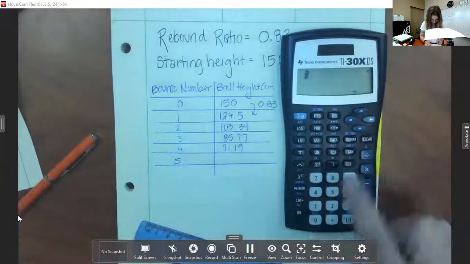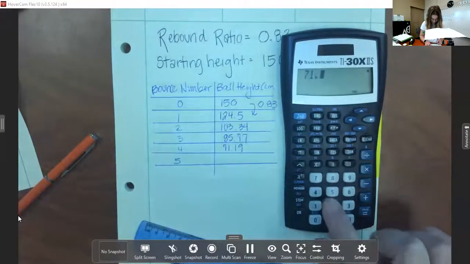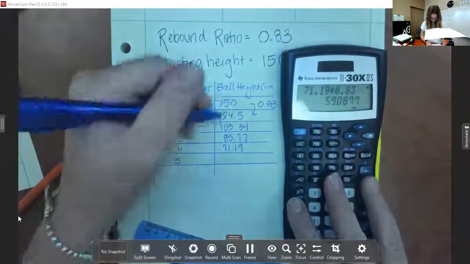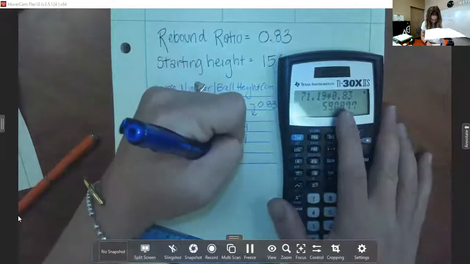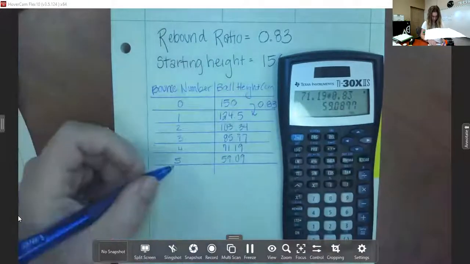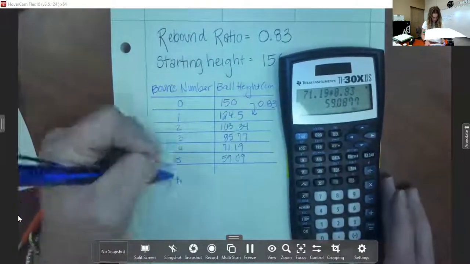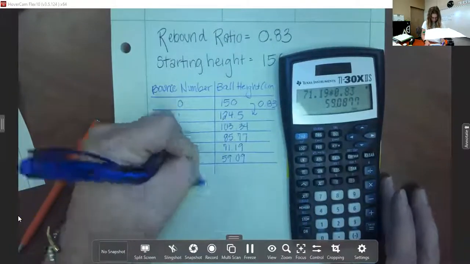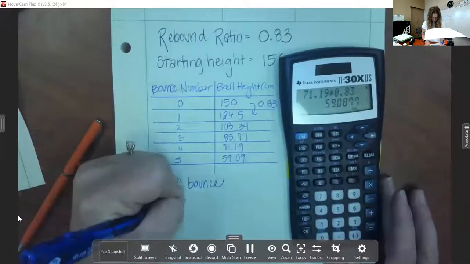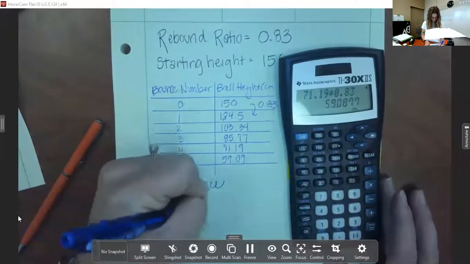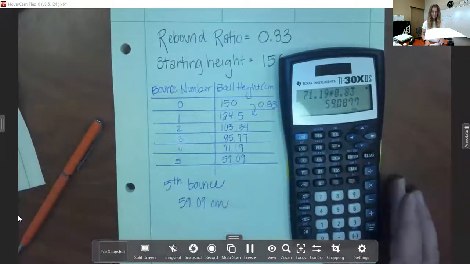Oops, I must have typed something wrong. And we'll round: 59.09. So after the fifth bounce, the ball is at 59.09 centimeters high.